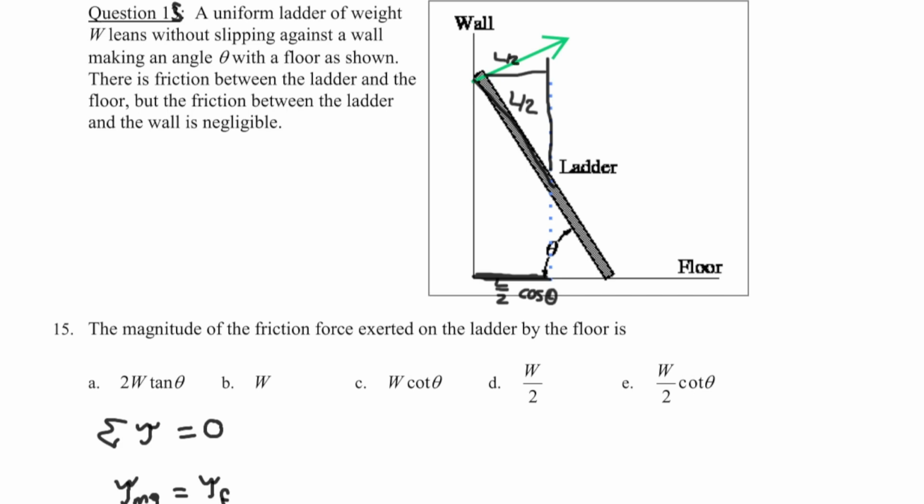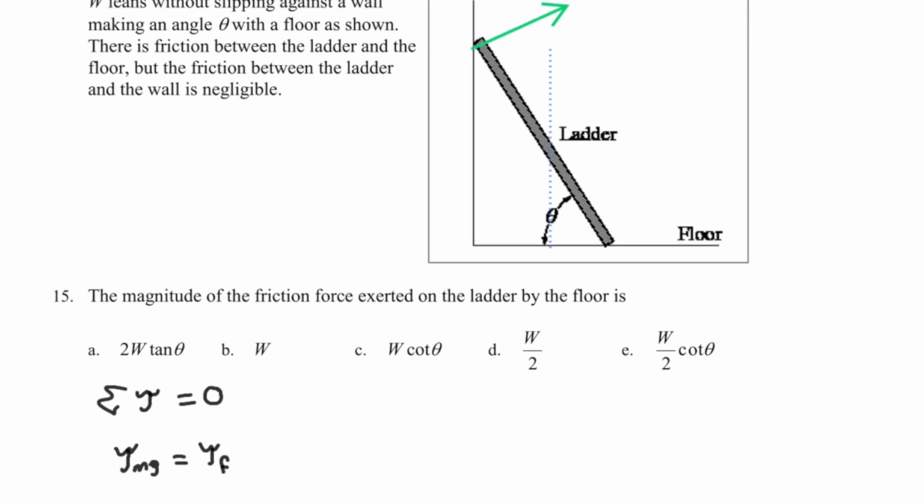That's the lever arm on that one. All the lever arm is saying is what is the shortest horizontal distance between these two points. So if that's theta, this is theta, so this is L over 2 cosine theta, because L over 2 is how far it is to the center of mass.